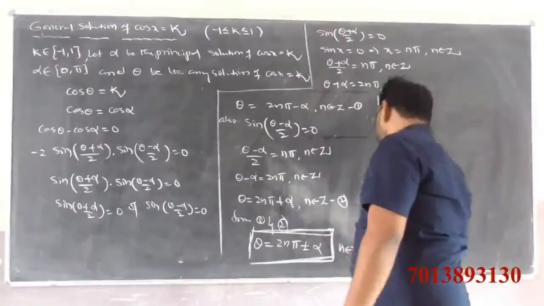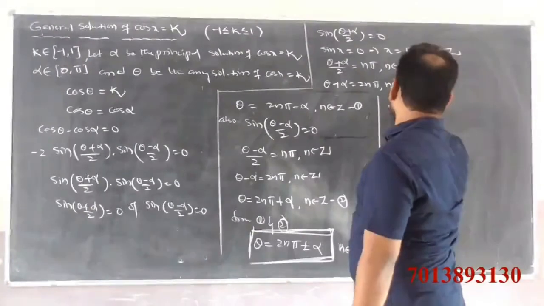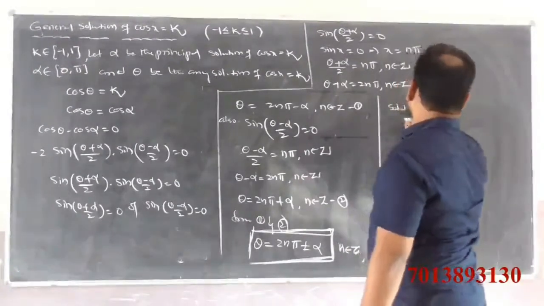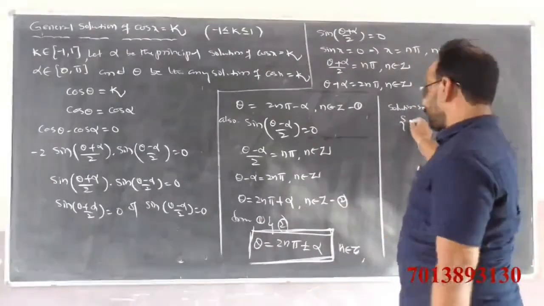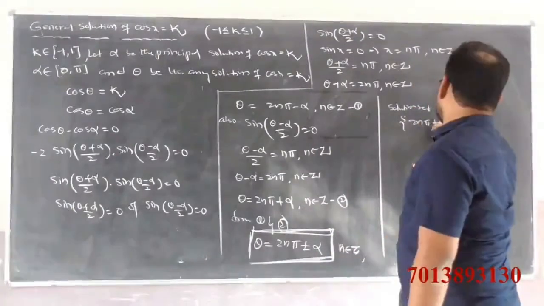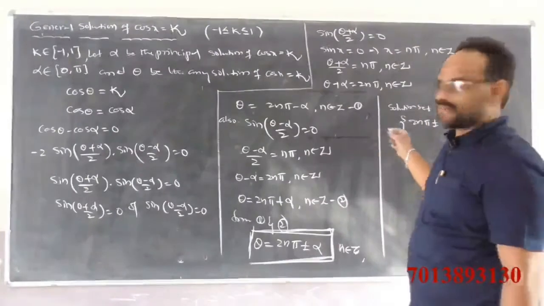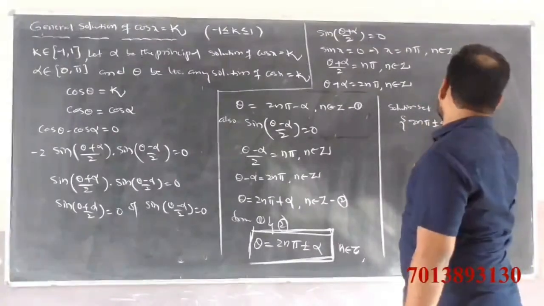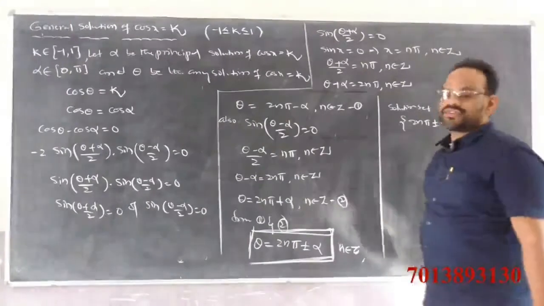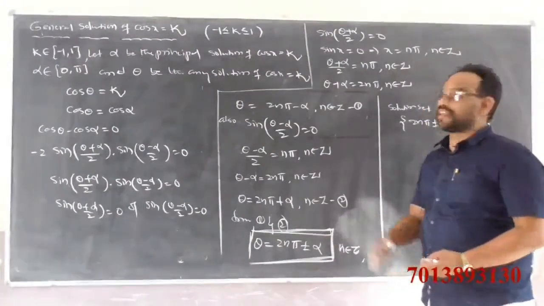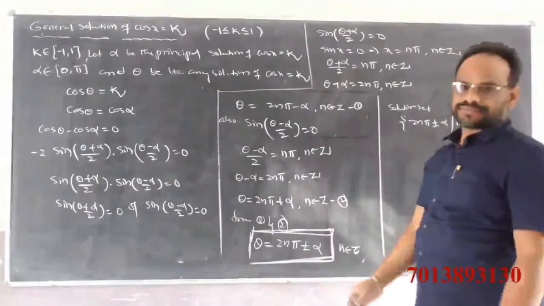What is the solution set? The solution set means the set of solutions which satisfy the given trigonometric equation, that is 2n pi plus or minus alpha, such that n belongs to Z, is called the solution set of the given trigonometric equation, that is cos x equals k.